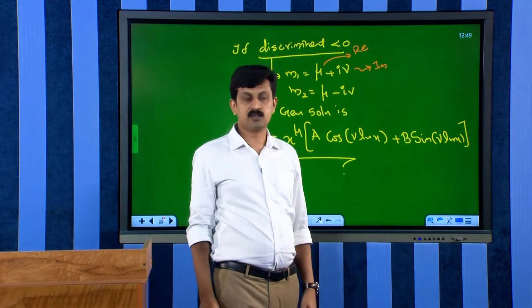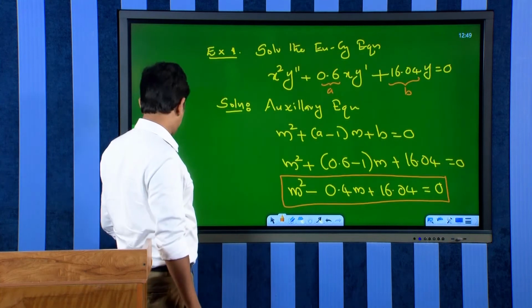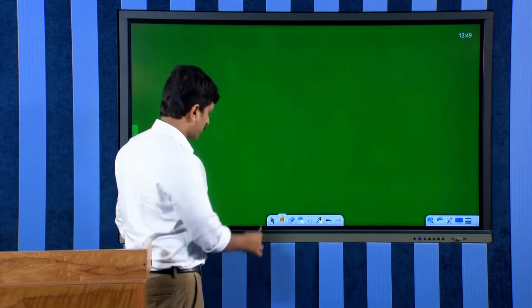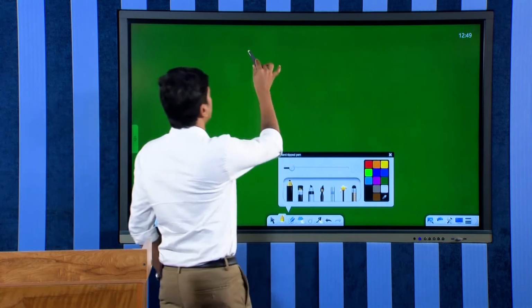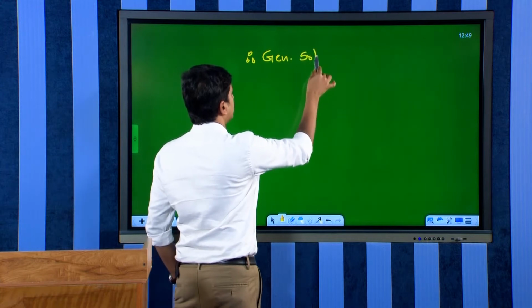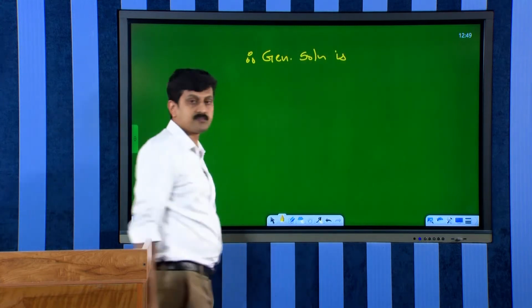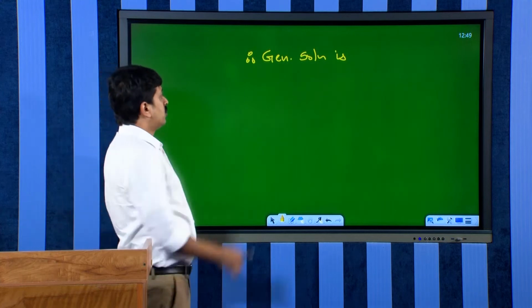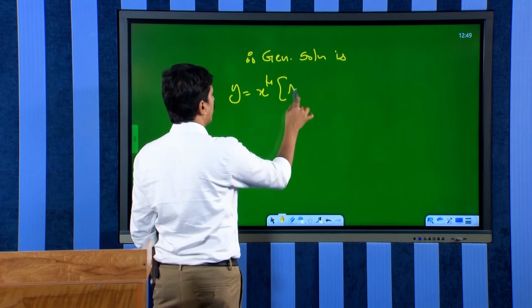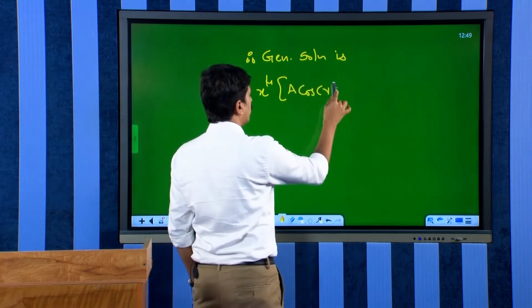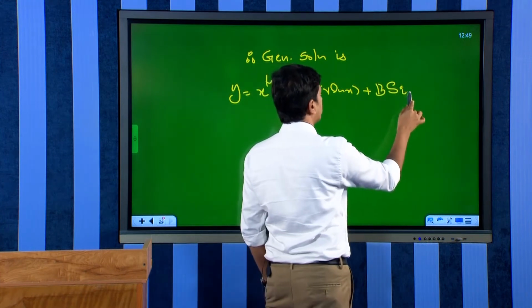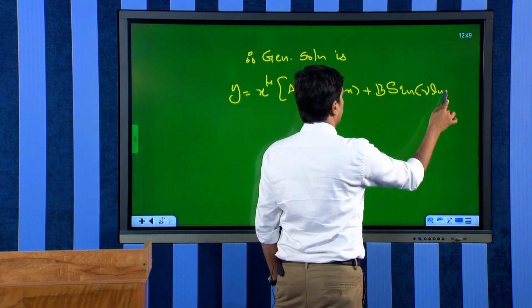So, therefore, the general solution is y is equal to x raised to mu, a cos nu log x plus b sin nu log x.